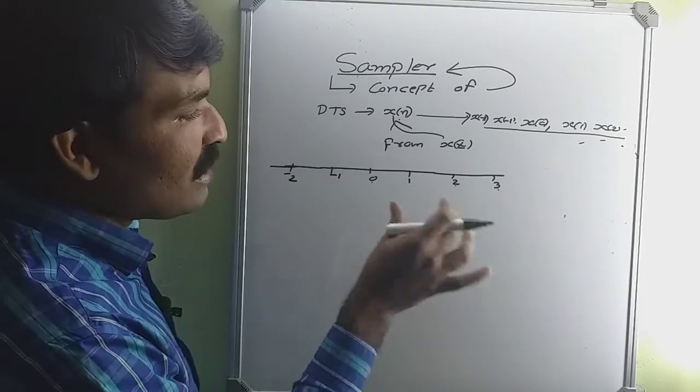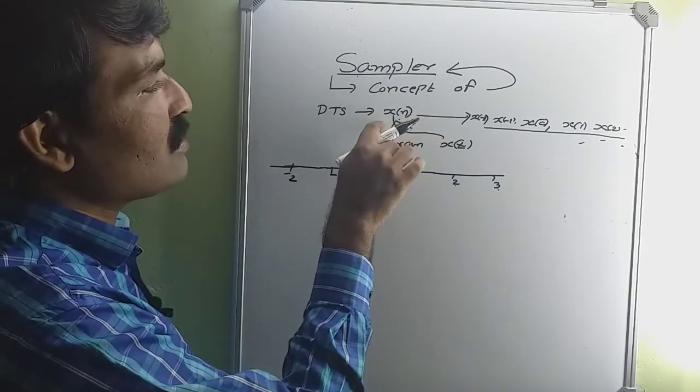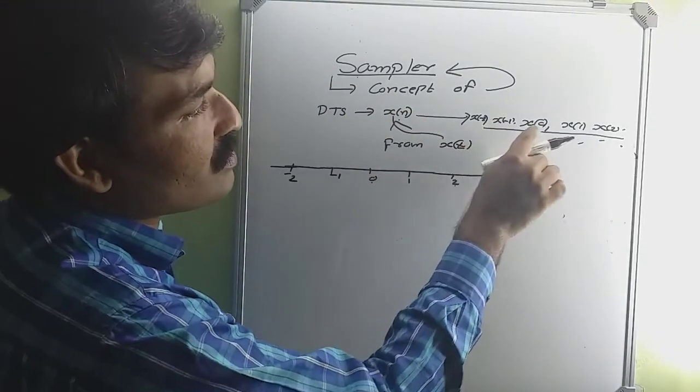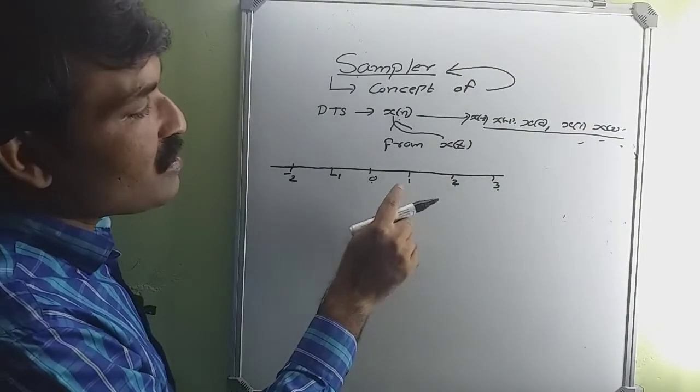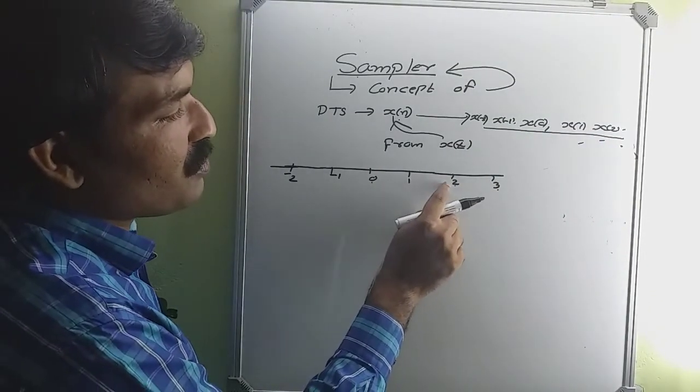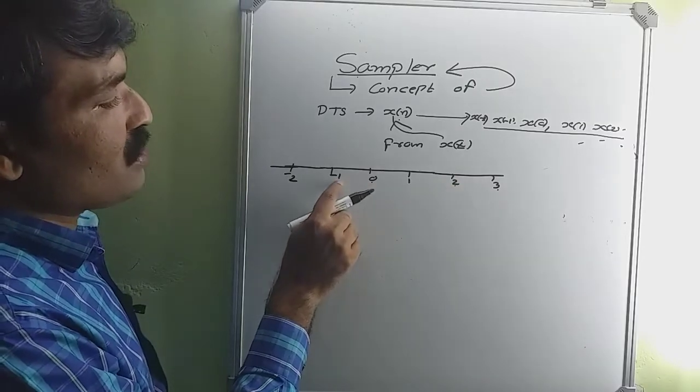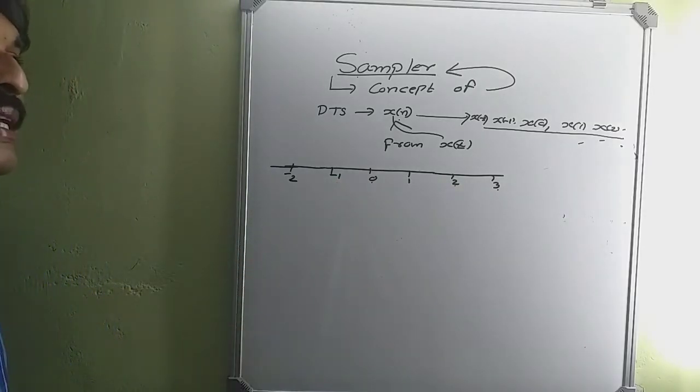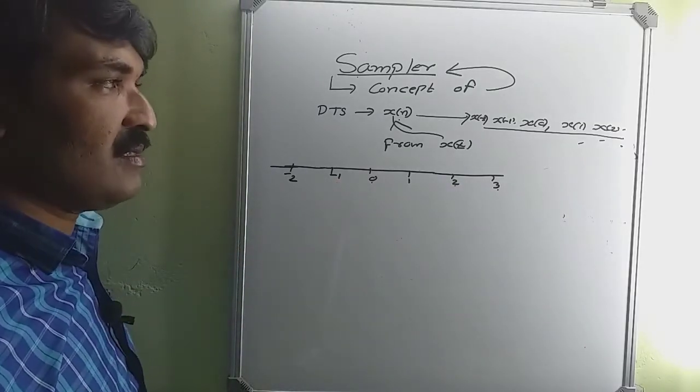So for these integers, we know the value of the signal, that is x of 0, x of 1, x of 2, etc. In between 0 and 1, 1 and 2, 2 and 3, 0 and minus 1, minus 1 and minus 2, etc., the signal is unknown. The signal is not defined.